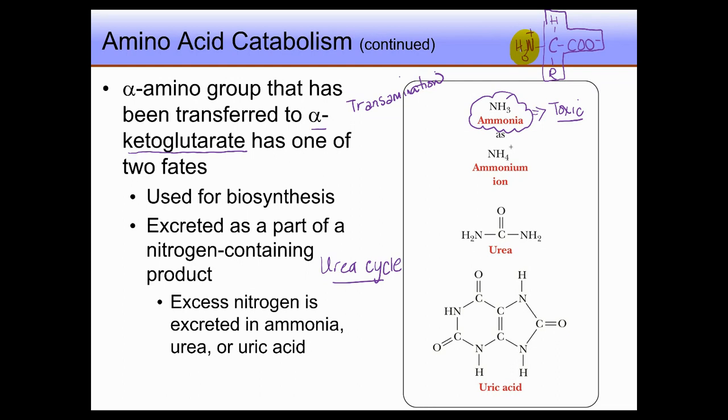And ultimately, we would excrete that out. And that urea cycle, I'm just going to show you a pic. You don't need to know it, but it's mostly to understand that NH3 group, what has to get transferred on. Alpha-ketoglutarate is our main molecule that does that, the best example of it. And then that can now flow through the bloodstream. Ultimately, it could be used for other molecule synthesis, but another thing that will happen with that NH3 group is that it's going to be converted to urea, and then that will get excreted out.